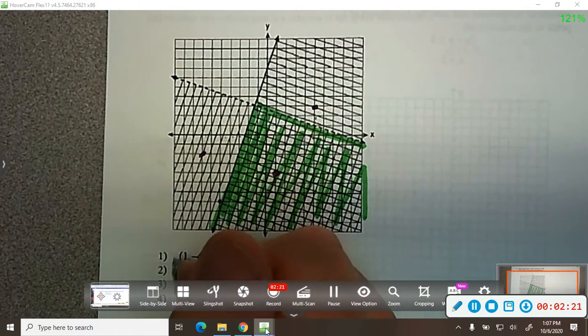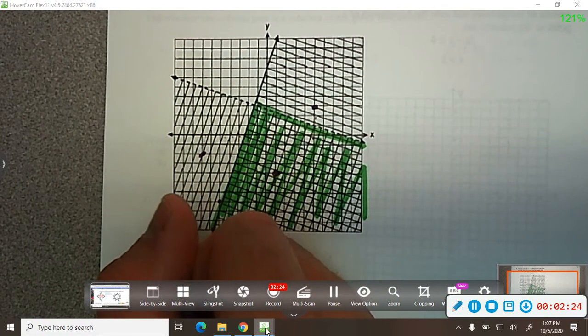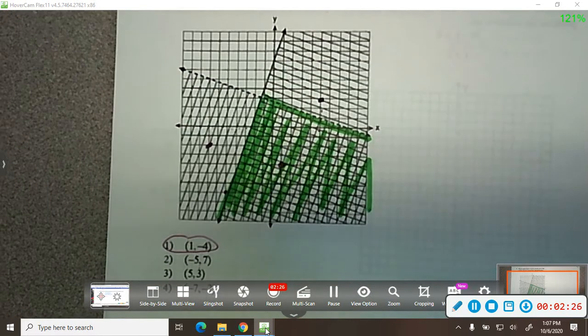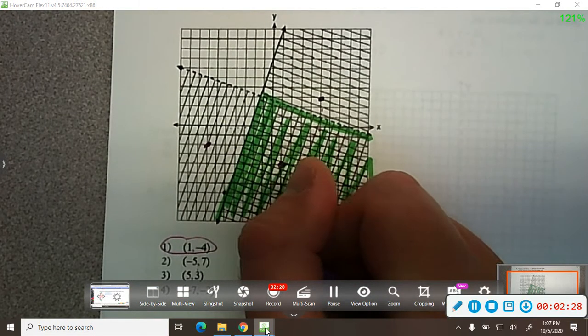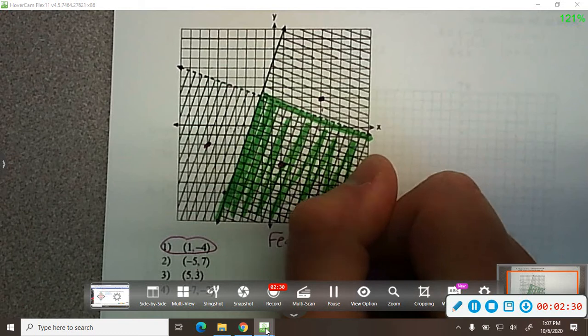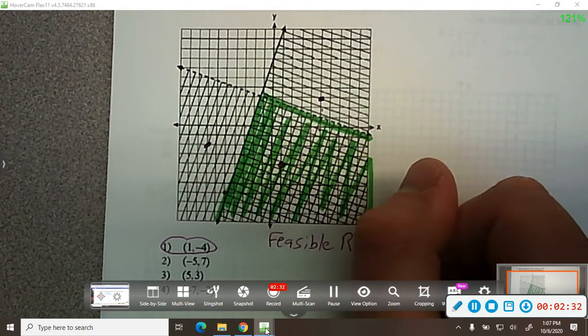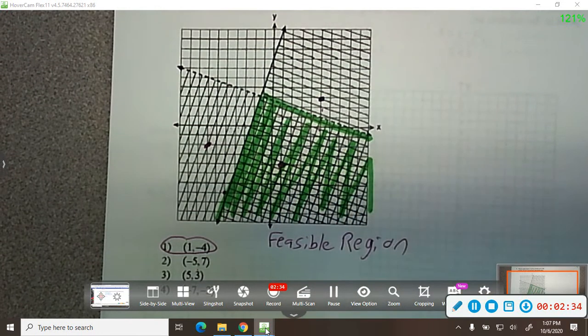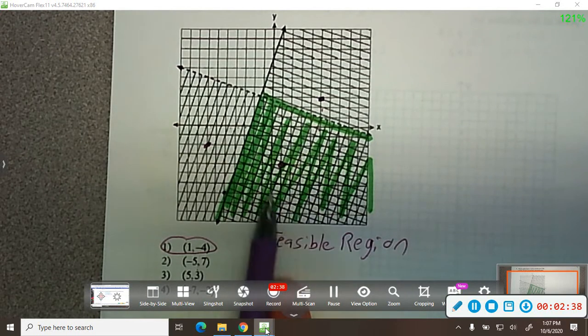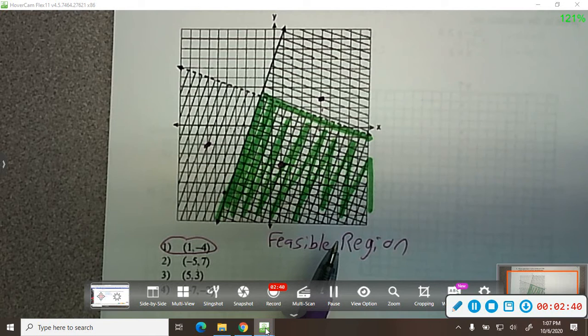So there was only one coordinate that was in the green area, and we call that the feasible region. So this was a fancy way of saying which coordinate is in the area where the shading intersects.